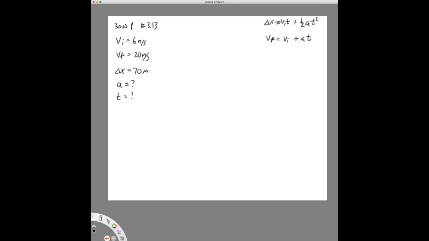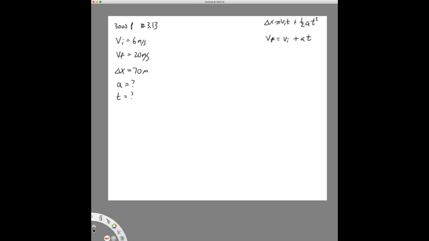Okay, and now we want to find the acceleration. First of all, how many equations have acceleration in them? This is an easy one. It's 2. Okay, how many of the equations have time in them? Just hold up fingers.